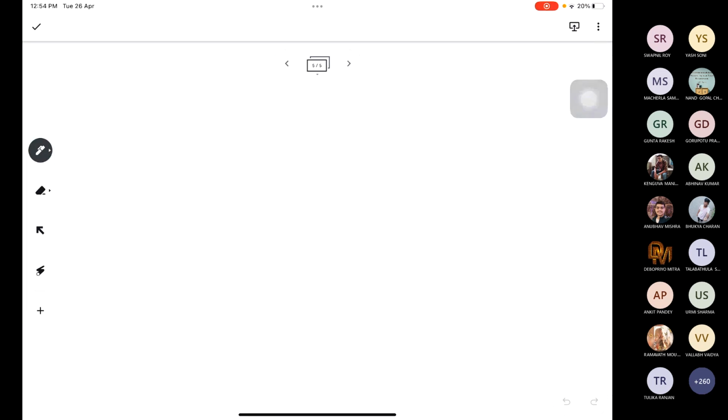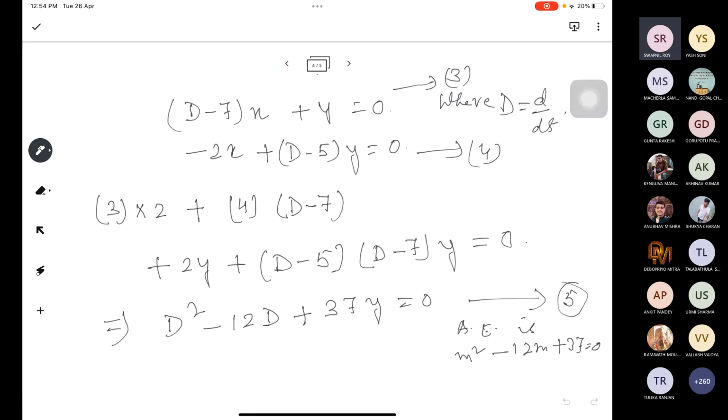So m is equal to, Ma'am? Yes, Ma'am, that should be D squared y minus 12 Dy plus 37y equals 0, na? Yes, yes, the bracket was missing.